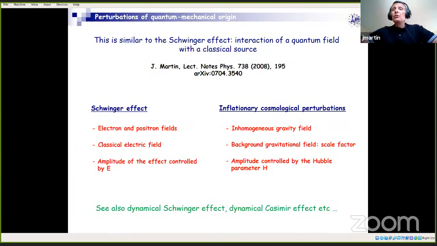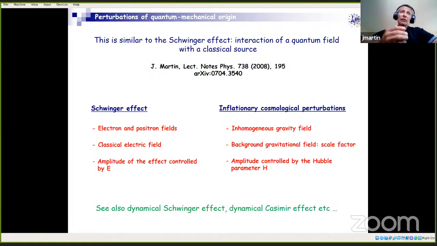And as a result, when you compute the two-point correlation function of the fluctuation, the power spectrum, you find an amplitude which is controlled by the strength of the source, which is the expansion rate during inflation, H. So this is really the same thing. And in addition, there are also other similar effects, such as the Hawking effect, the dynamical Schwinger effect, and the dynamical Casimir effect, which has been seen in the lab.